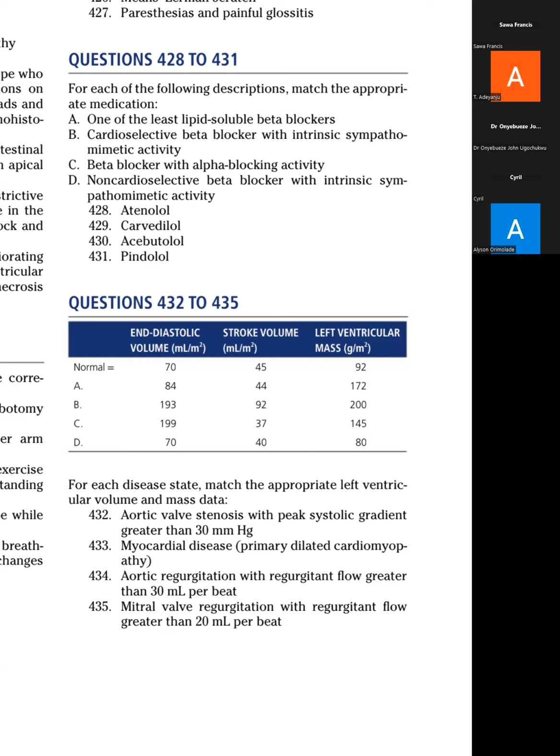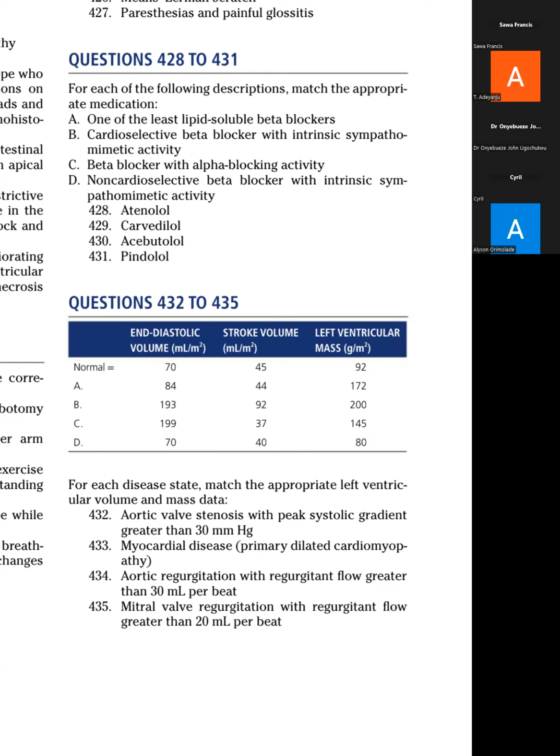Now, in regurgitant heart disease, here we should expect both the volume and the mass to increase. That is to say, the cardiac chamber volume will be increased, the stroke volume will be increased, and the mass will be increased.